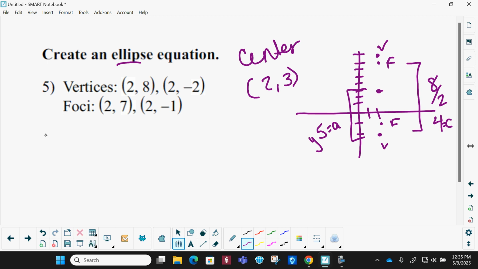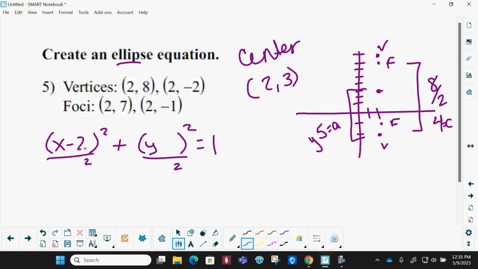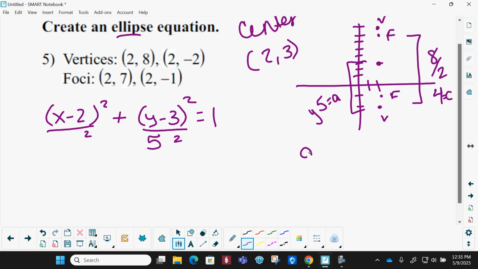Okay, so an ellipse, X always goes first. And if you forget this, please look at your formula sheet. That will remind you. So minus 2 minus 3. We know A, the 5, goes under Y. So here we go. Because an ellipse is a plus sign, A squared minus B squared equals C squared.